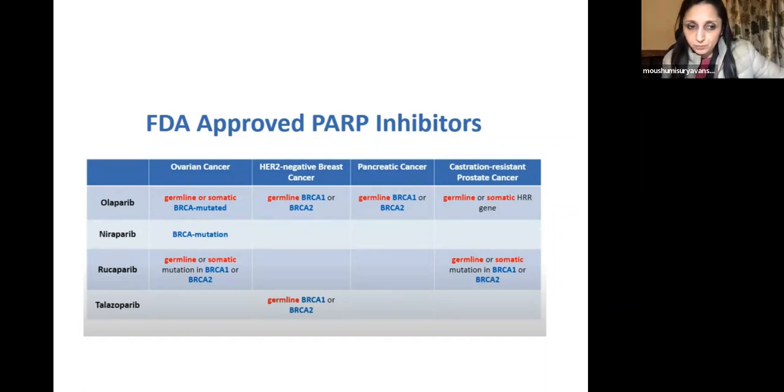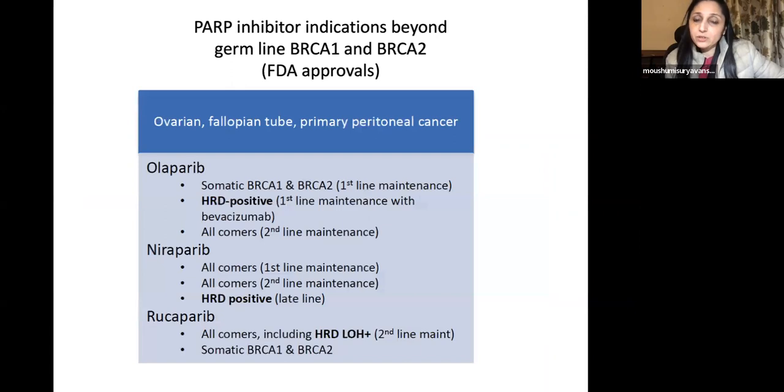And for olaparib and for rucaparib, only BRCA1 and BRCA2 germline or somatic mutation is approved. And for the HRD score, which I'll be discussing subsequently, for olaparib, HRD positive, that is a score which qualifies as positive, is approved in first line along with bevacizumab, and it has shown a very good survival benefit.